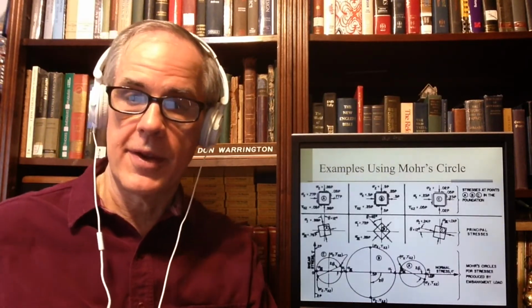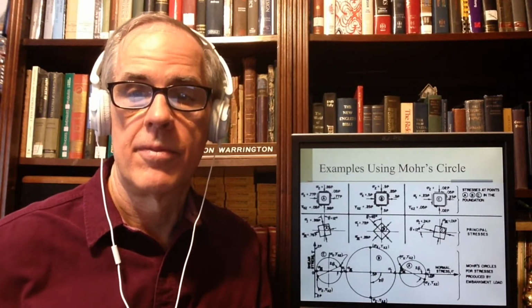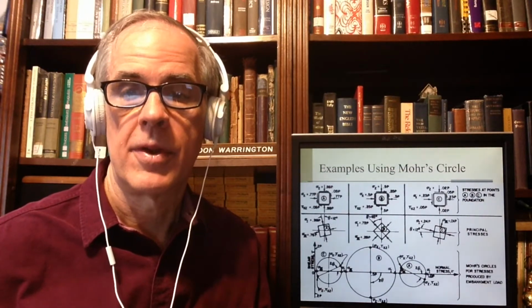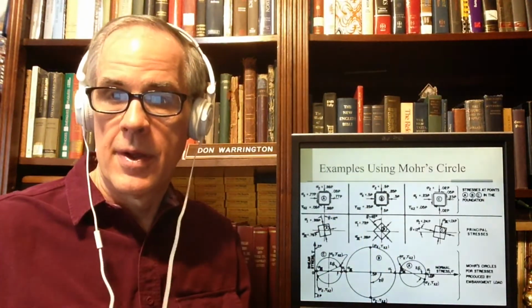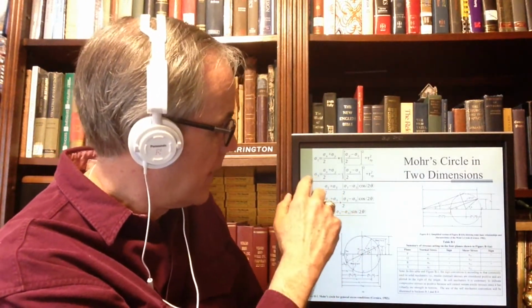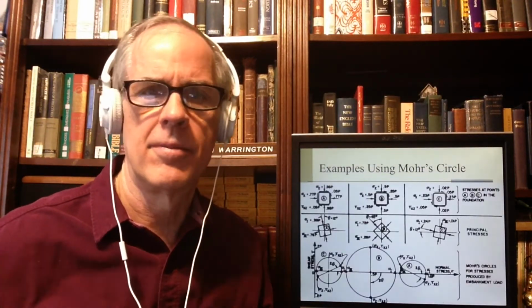So one way you can use this is to calibrate your spreadsheet for these results. Because if you take these values and put them into these equations, you should get the same principal stress. They're actually a little bit off because this was done in the slide rule era.